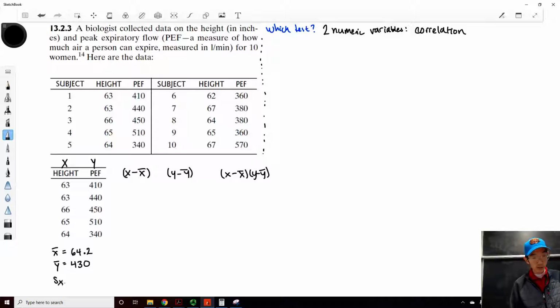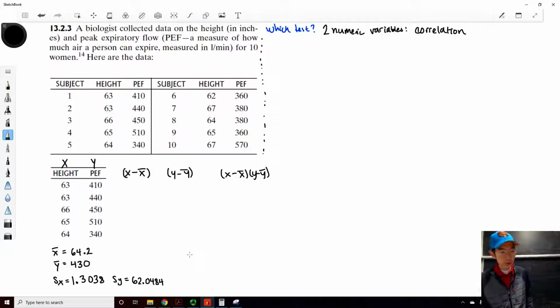And the standard deviation of x, which you can do, is 1.3038, and the standard deviation of y is 62.0484. Okay, so what we'll do is we're going to do x minus x bar.